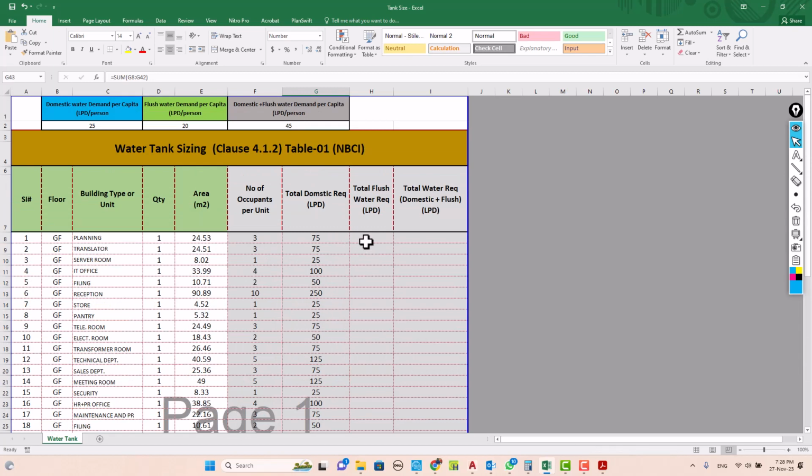Similarly we will do here, number of occupants is 3 and multiply with flushing water, and we will lock this one by pressing F4 from the keypad, right? And we will drag this one.